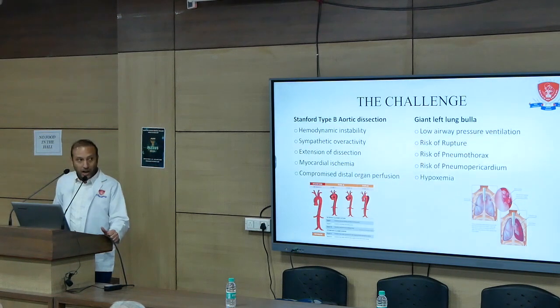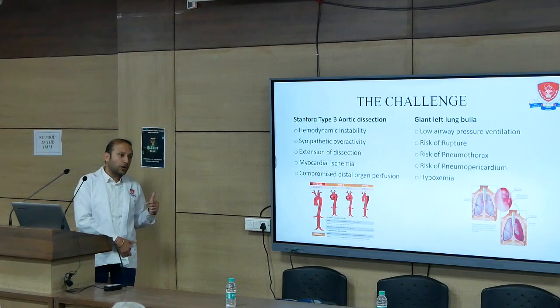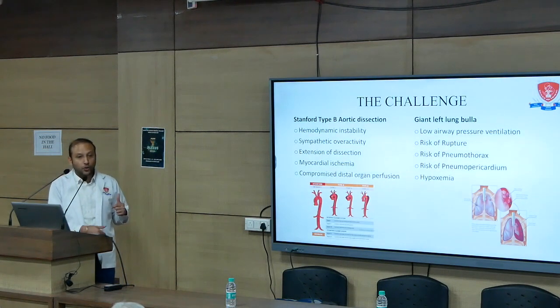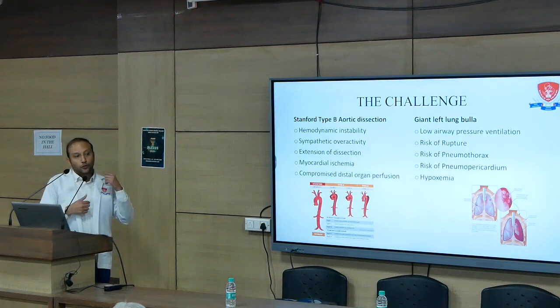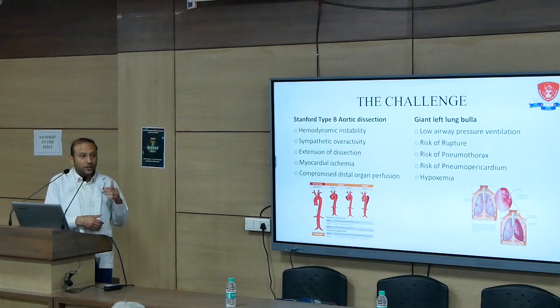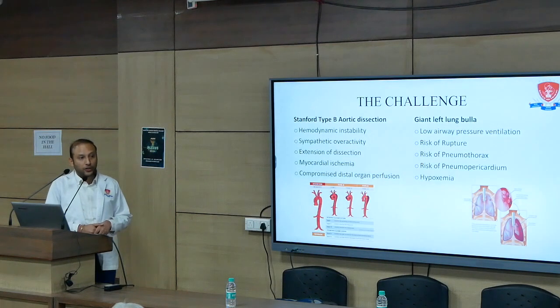In our case, it was a type B. As you can see, the extent of the disease is starting from the subclavian and extending to the bifurcation. So it will be very challenging for the CTVS surgeon to open up from the thorax till the abdomen, sir.